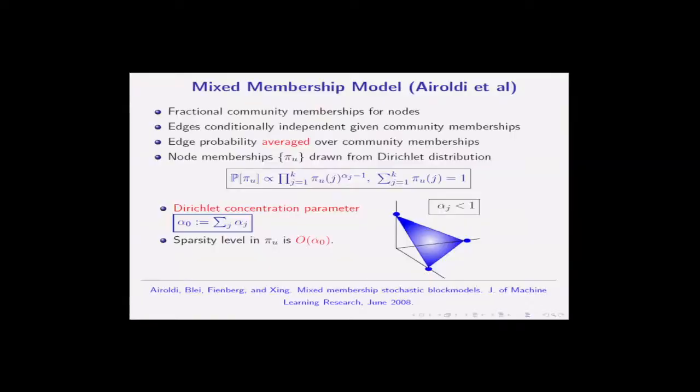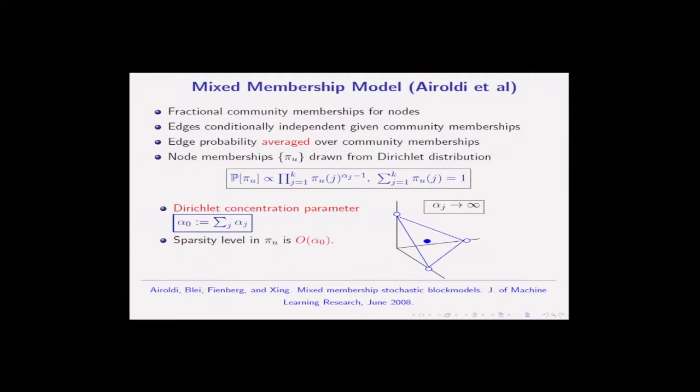And so the idea is, as we increase the concentration parameter, there is more probability mass towards the center of the simplex. And as I increase the concentration parameter in the limit, it goes to a single point at the center of the simplex. So depending on this concentration parameter, I can get different levels of community memberships.